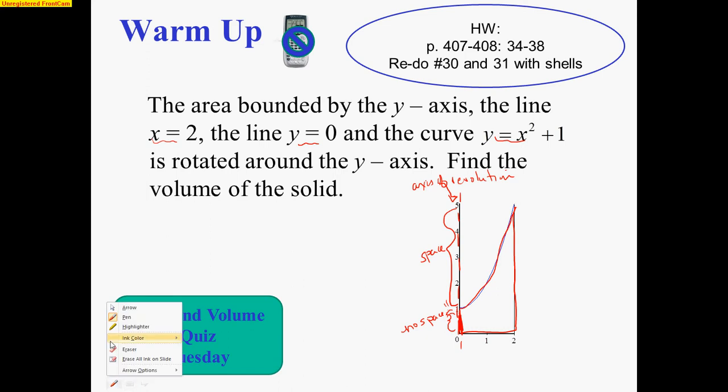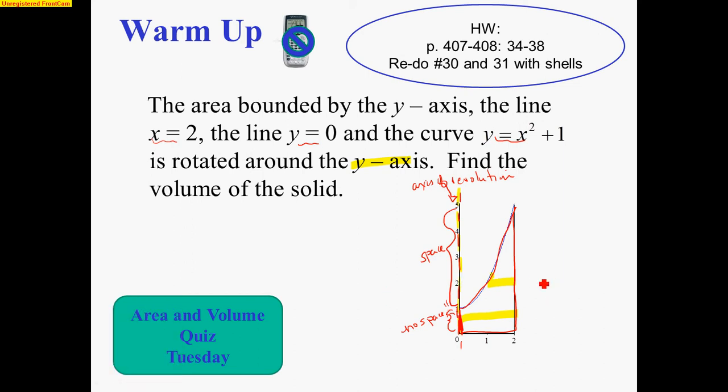Now before I go on, I also want to highlight, pun intended, some things about the axis of rotation. It is vertical, correct? My representative strip that I'm going to draw, since I'm rotating around the y-axis, is going to be sliced onto the y-axis, right? Because I'm rotating around the y-axis, but I have slices that change boundaries.